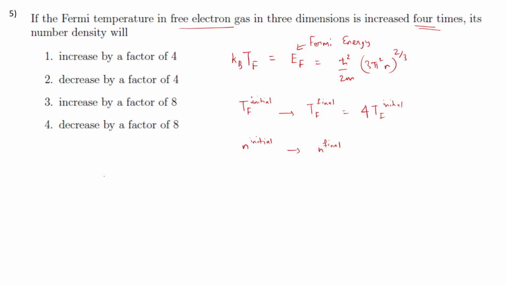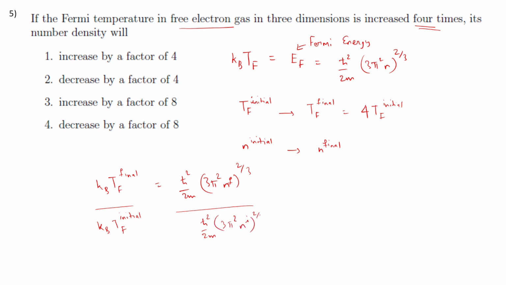So kB TF final is equal to ħ² over 2m (3π² n final) to the power 2 by 3, and you just divide this expression by kB TF initial, which is ħ² over 2m (3π² n initial) to the power 2 by 3.